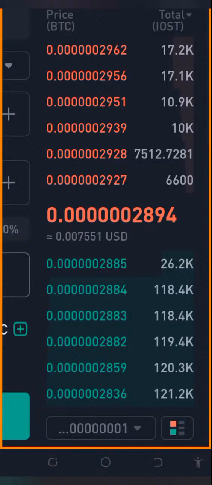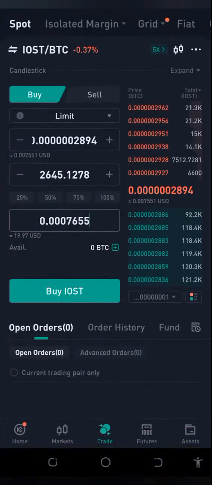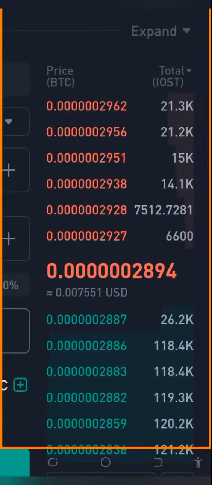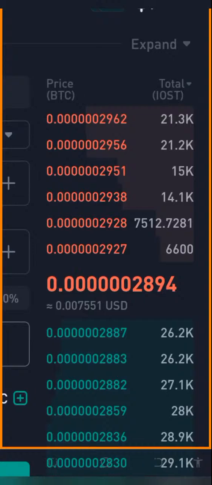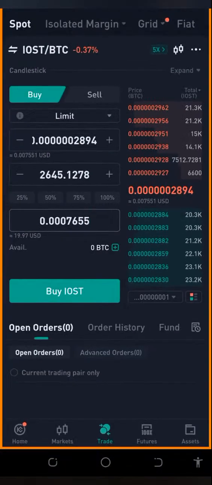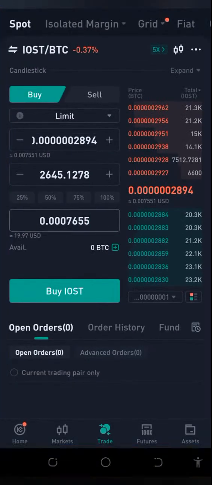No, it means that what they have here is 26,200 pieces of IOST already in the queue to be bought. Same goes here: we've got 6,600 pieces of IOST that want to be sold. That's how you understand the order book, because these are just submissions of people just like you on this blockchain who want to buy or sell. I hope you understand that.